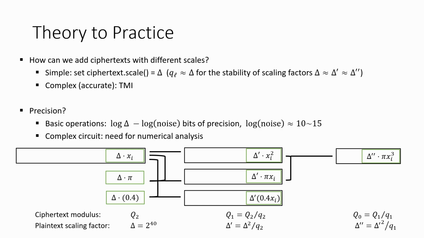And precision is another issue we should think about. Basic operations such as homomorphic multiplication or rotation introduce some small noise. So we could say the bit precision of basic operations is log delta minus log noise. And the bit size of noise is usually between 10 and 15 in practical parameter settings.